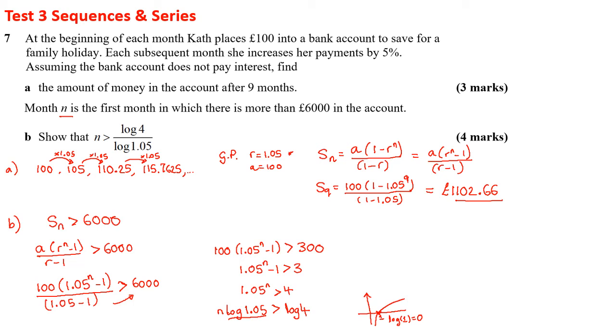So I can just consider that and think, yes, log of 1.05 is positive, so I can then divide by that and keep the inequality sign the same way around, log of 1.05, and that is what they've asked me to show.